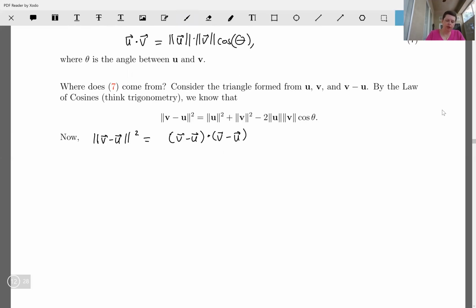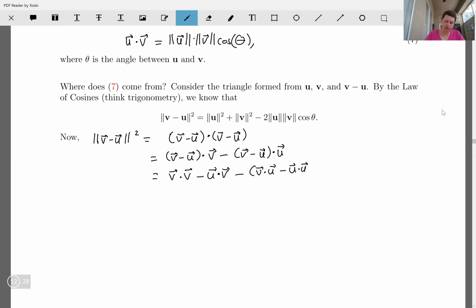And now we can use the distributive property to rewrite this a bit: v minus u dotted with v minus u, which is v dot v minus u dot v minus v dot u, plus u dot u. So I get v dot v minus 2 u dot v.